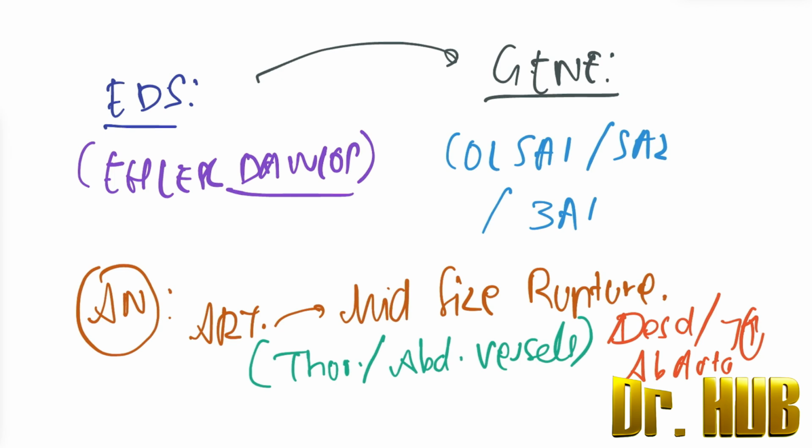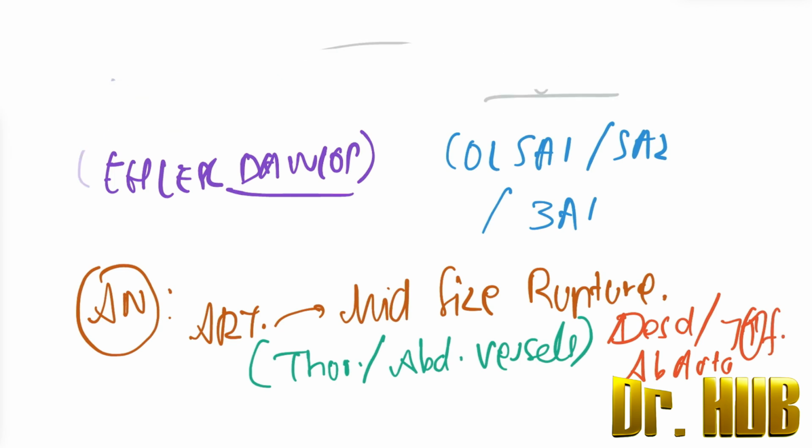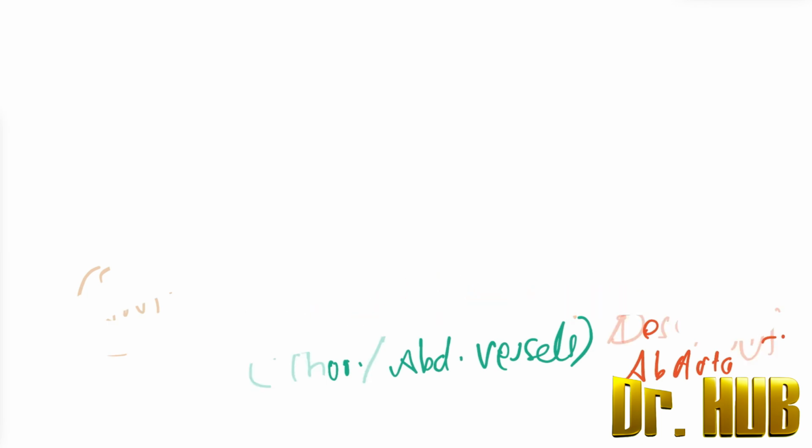This is seen in high frequency. So for Ehlers-Danlos, the genes mutated were COL5A1, COL5A2, as well as COL3A1, with arterial mid-sized rupture, especially involving the thoracic or the abdominal vessels.